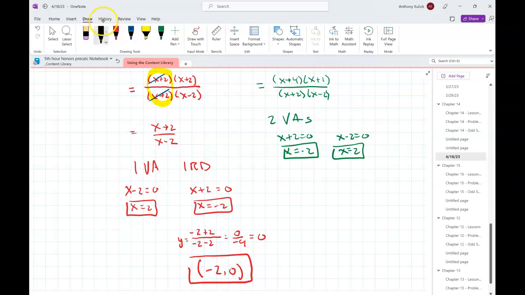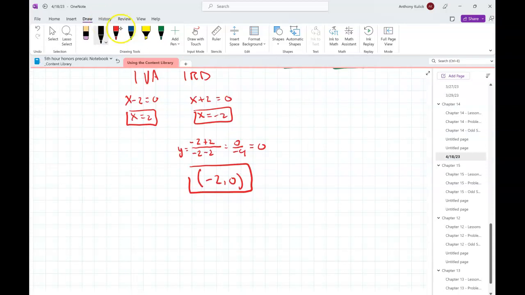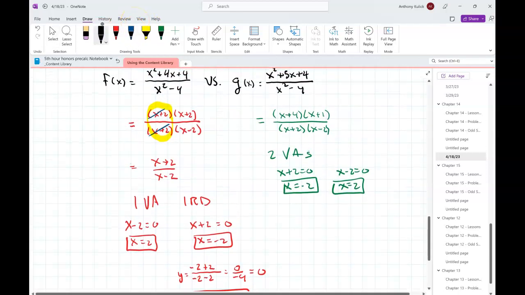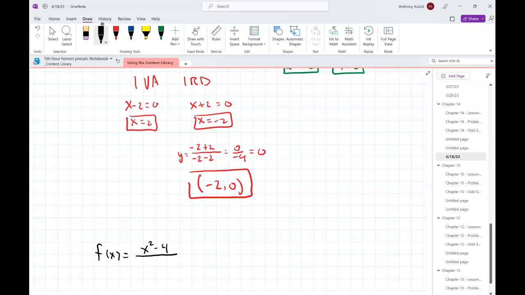Let's look at one more quick example here. What if we had taken that red example, but I flipped it?